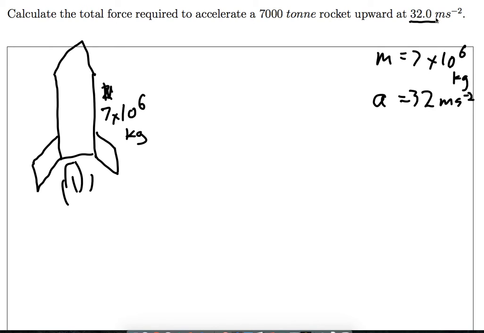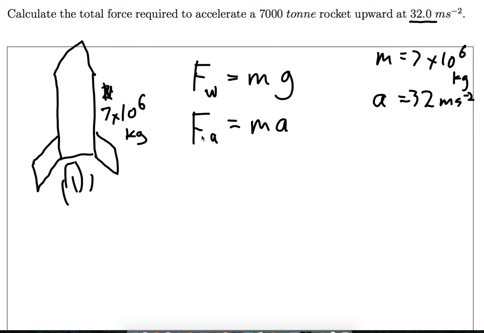So there are 2 pieces. There is the weight force, so we'll call it Fw for weight, equals the mass times g, the acceleration due to gravity. And then there is the accelerating force, F subscript A equals ma. This is just Newton's second law.